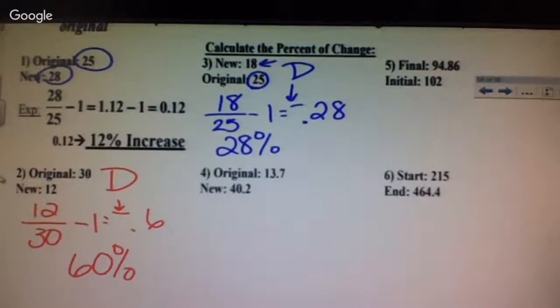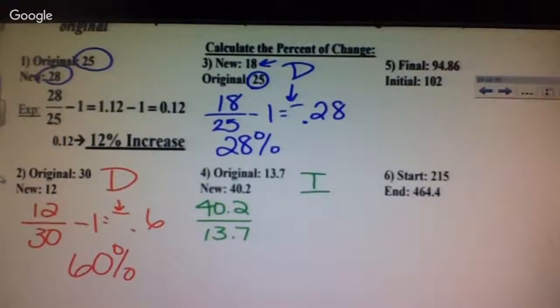Okay, number 4. My original was 13.7. My new is 40.2. This is an increase. My new is higher than my original. 40.2 over 13.7.